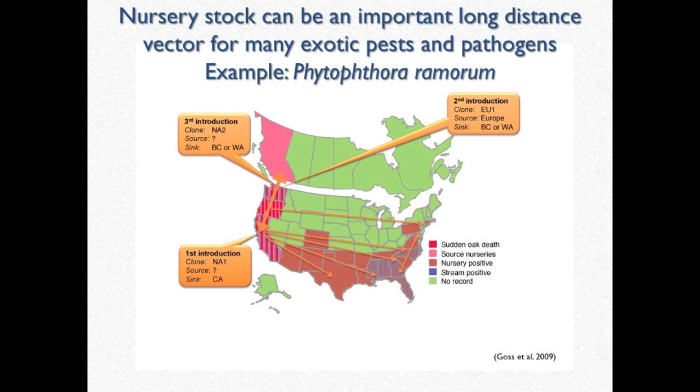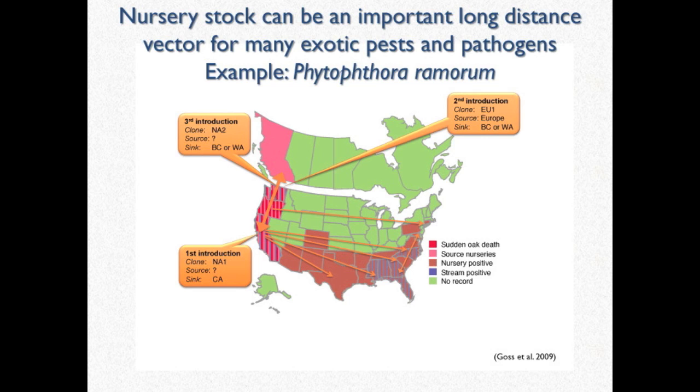This is a slide from Nick Grunwald's research, and he has shown, using a very sophisticated population genetics approach, that Phytophthora ramorum was introduced to North America at least three separate times. We're not sure where it came from the first time, but it did come to the Bay Area.